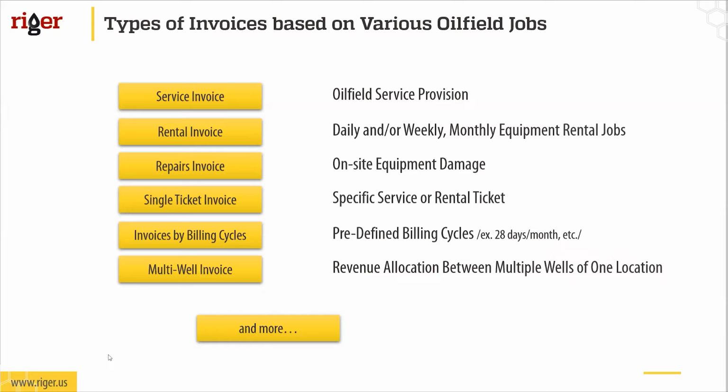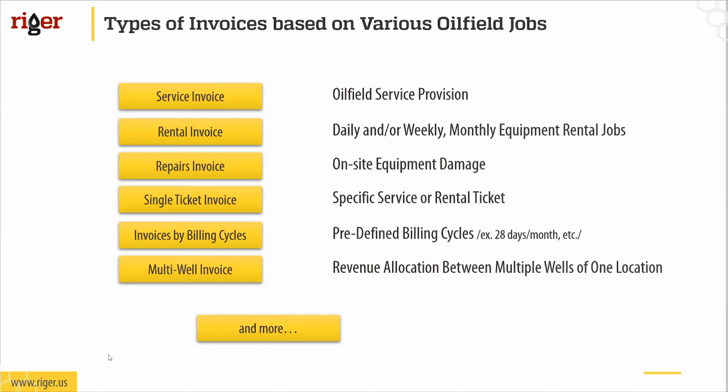In some cases, we have seen that some single tickets, some single rental equipment deployment or service provision sometimes needs to have its own specific invoice. So we can also generate a specific invoice right from within the ticket and just provide that invoice to our client.